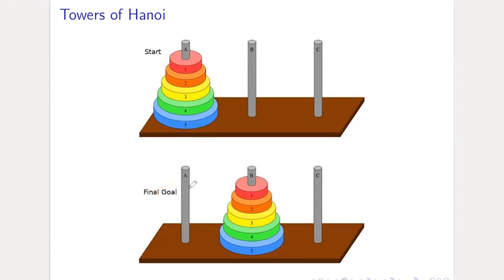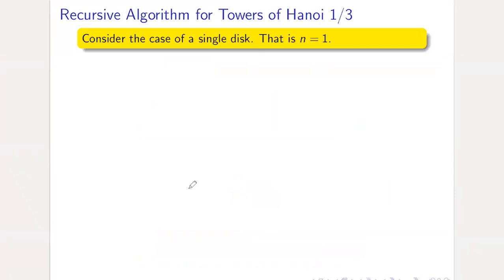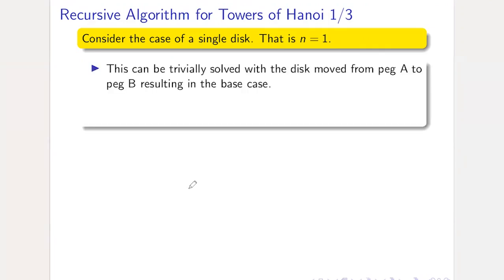Now we have to come up with an algorithm, because that's how we solve our problem. Let's consider different cases. Suppose we take the case of a single disk, that means n equals 1. In that case we can trivially solve it. We just move the disk.